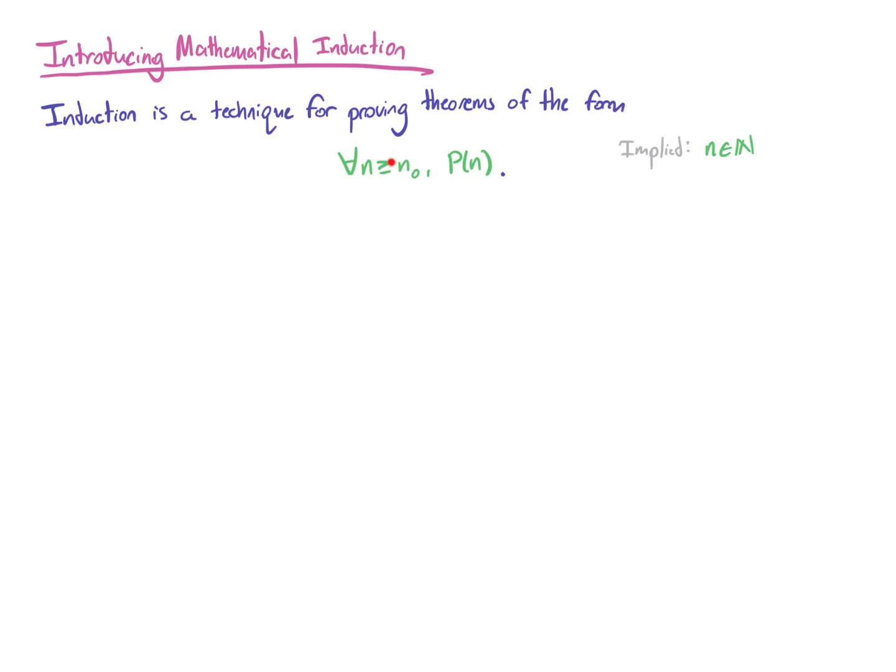So for any natural number greater than some base, some proposition P of n is true. P of n could be any predicate. It could say that some function of n is even. It could be the statement that some equation involving n is always true.